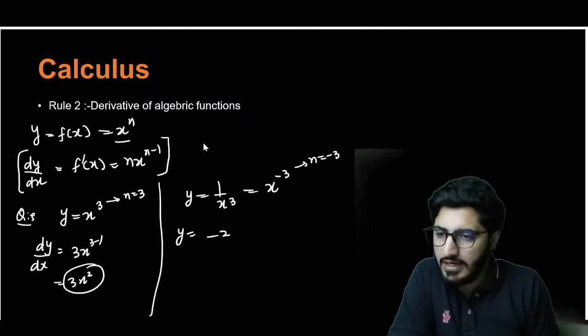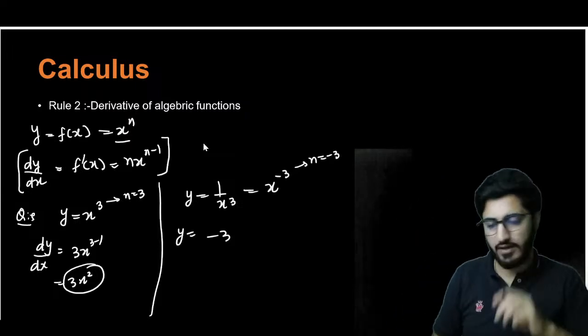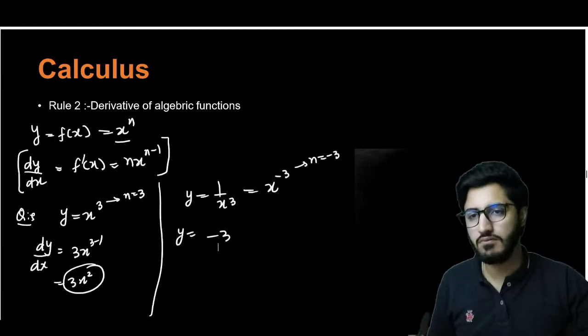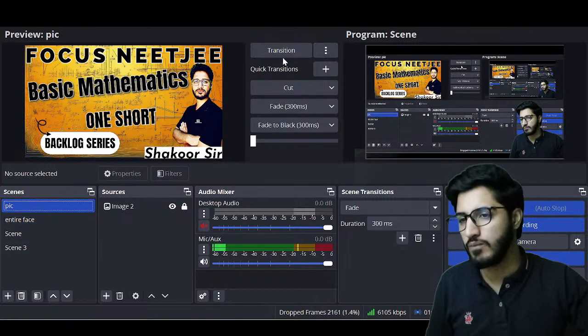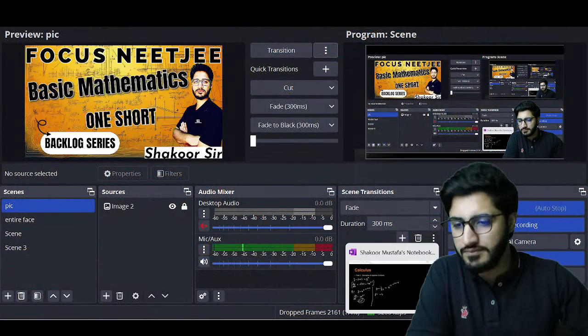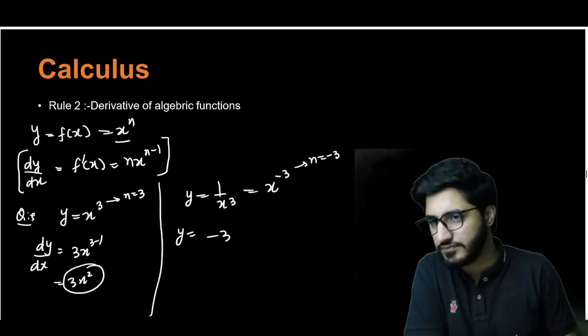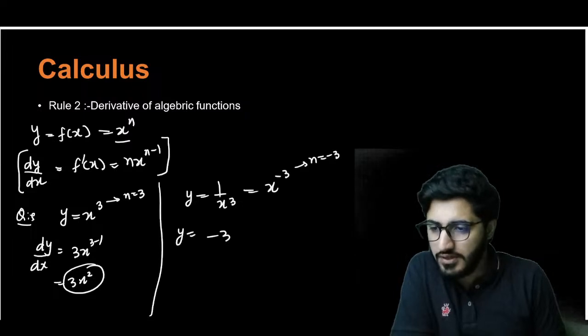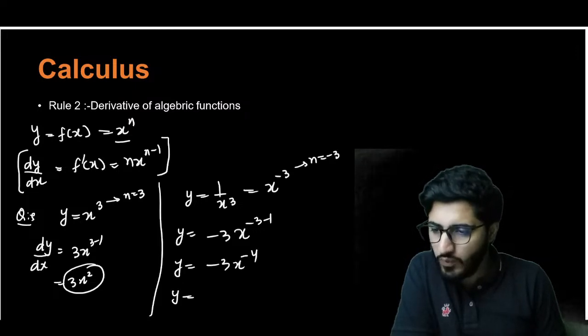So dy by dx will be minus 3 x to the power minus 3 minus 1, which becomes minus 3 x to the power minus 4. Now I can write it as minus 3 divided by x to the power 4.